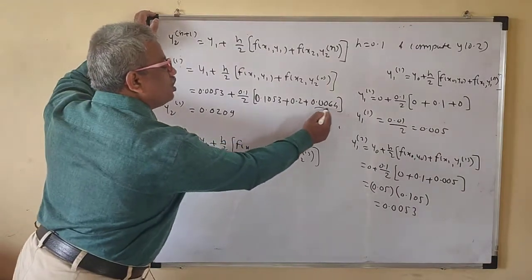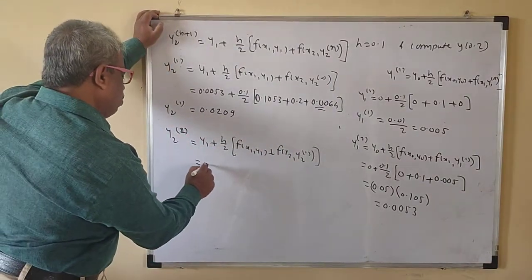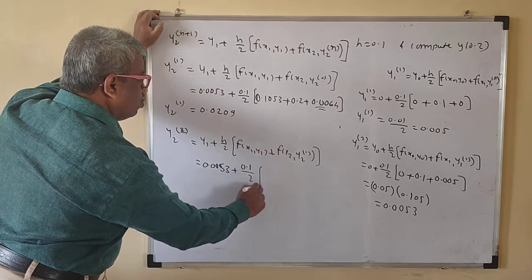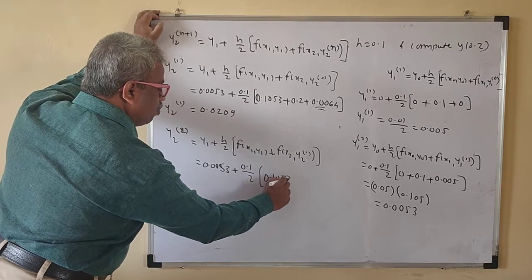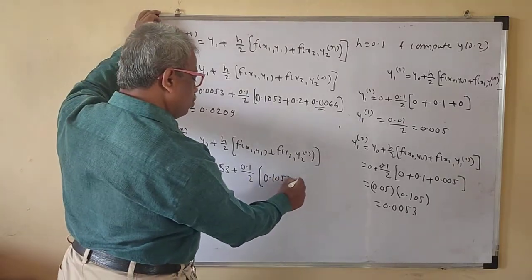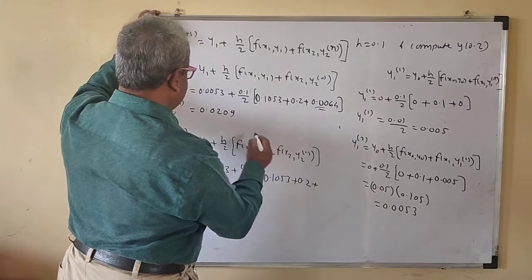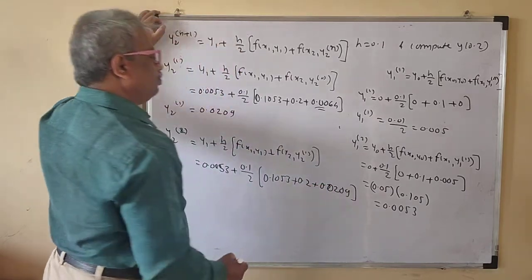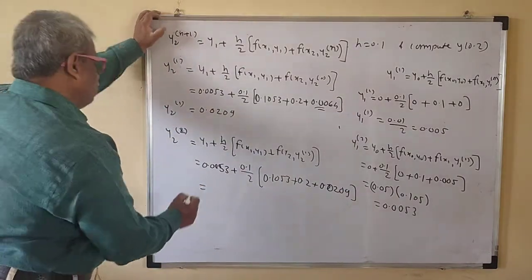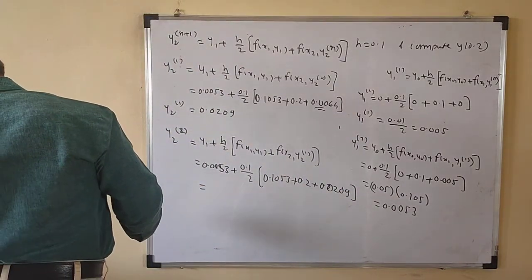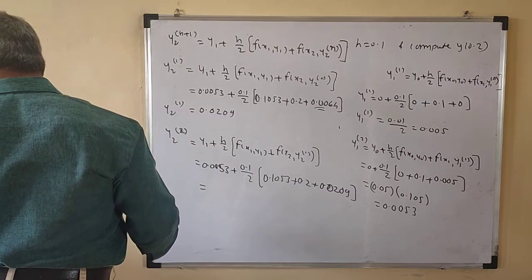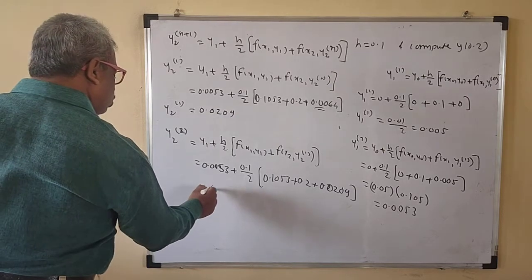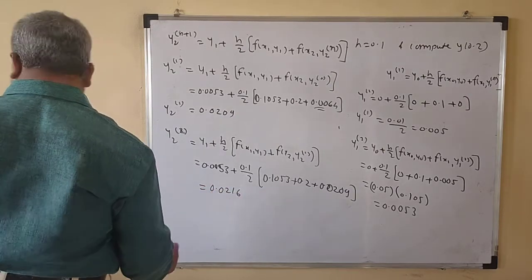So this will be 0.05 plus 0.1 upon 2 plus 0.1053 plus 0.2, only I have to change this value, plus 0.0209. If you do this calculation with the help of a scientific calculator, you will get a value 0.0216.